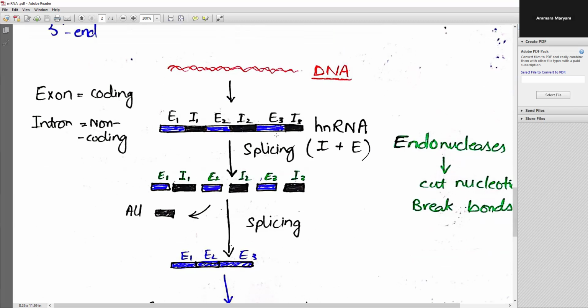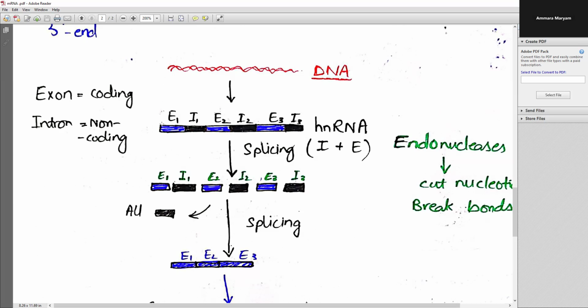It has everything that is present on the DNA, including all those introns and exons. And this heterogeneous nuclear RNA is going to be the precursor for the synthesis of the mature messenger RNA. Now, this is the outline of the process that happens in the nucleus.